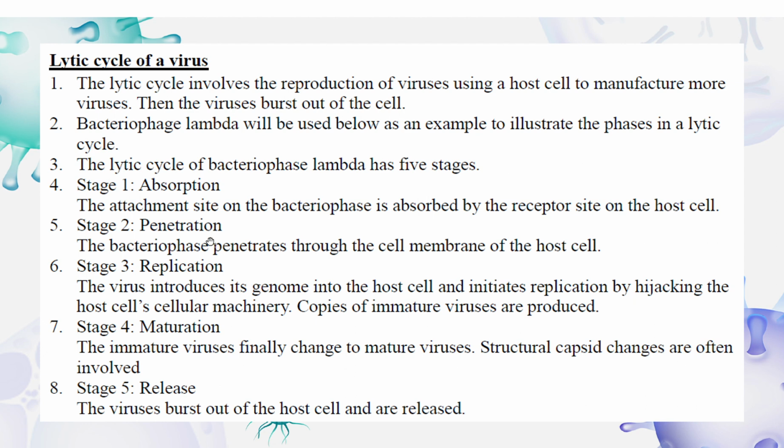Then penetration, where the bacteriophage penetrates through the membrane into the host cell, and then the replication stage. The virus introduces its own genome to the host cell and takes control, hijacking the host cell's cellular machinery, and copies of immature virus are produced by the host cell.